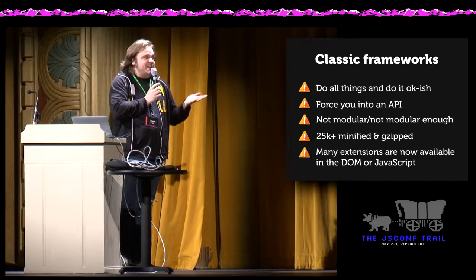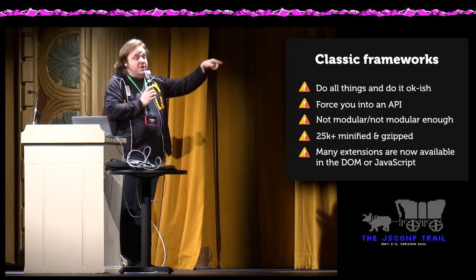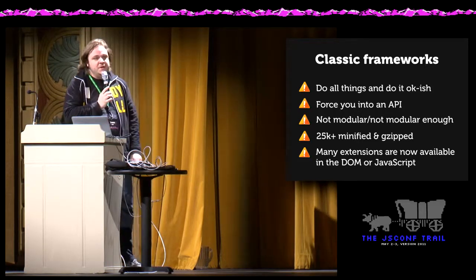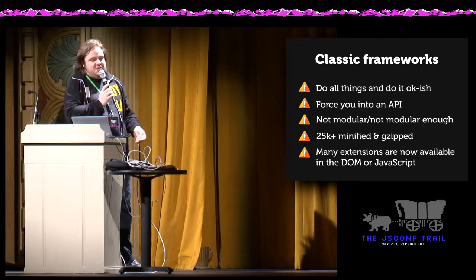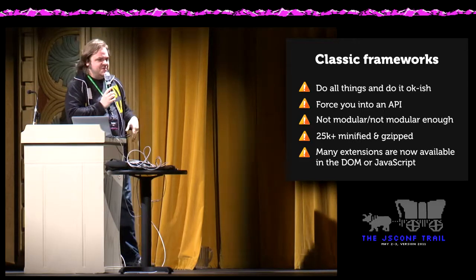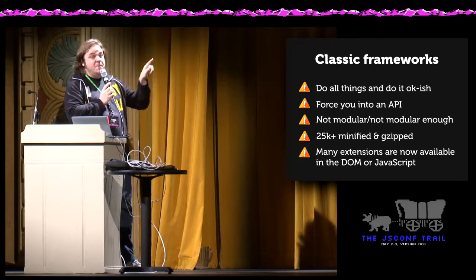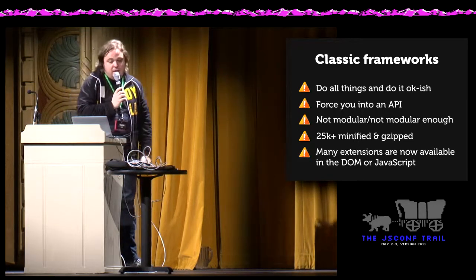They have in common that they have like 25K or even much more minified and gzipped. That's the size of those libraries. A lot of these classical libraries are much larger than this, of course.